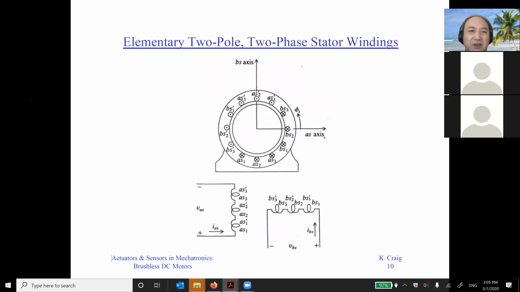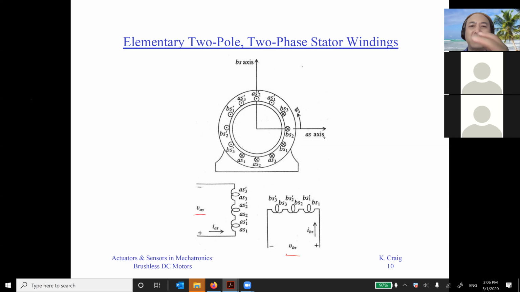So let me go a little bit quicker. If you have two-phase stator windings, like A is phase A and B is phase B, that kind of arrangement is what they call the quadrature arrangement. You put the AS and the BS in here to excite it.